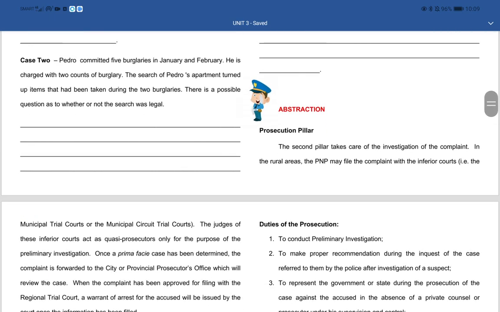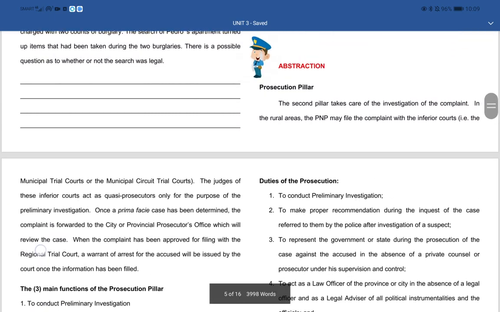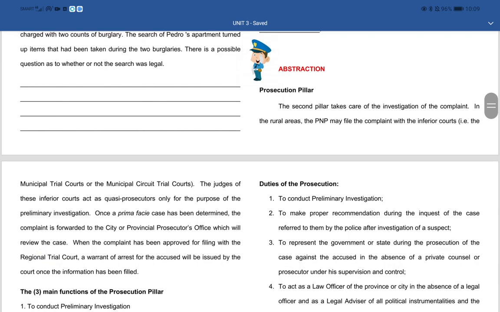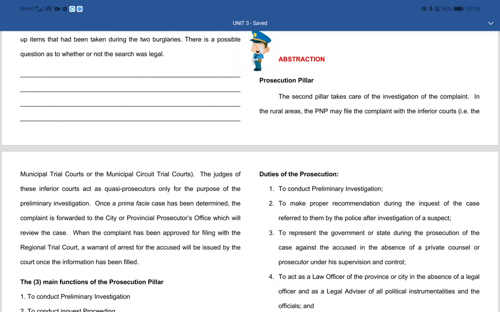So we are going to go to the abstraction wherein we can find the discussions or the content of this unit. So what is this prosecution pillar? This would be the second pillar, which takes care of the investigation of the complaint. As you can understand from Unit 1, the role of the police officer is to arrest, to investigate, and to provide evidence of guilt.